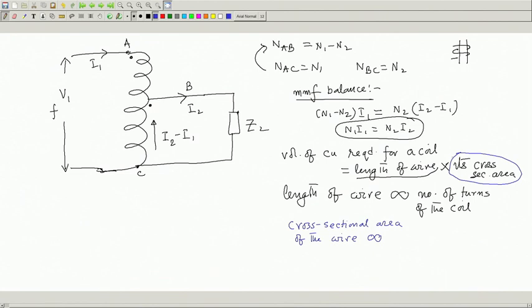So, cross sectional area of the wire is proportional to the current it is carrying. Based on that, I have decided upon the cross sectional area. So, cross sectional area is proportional to the current, and we are talking about rated current. At rated current, based on that the cross sectional areas are chosen. Okay.